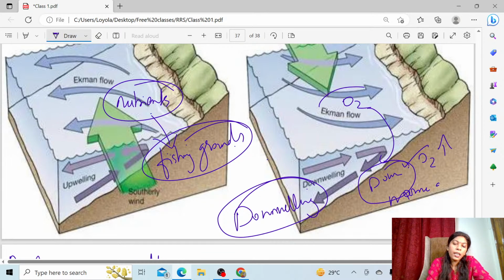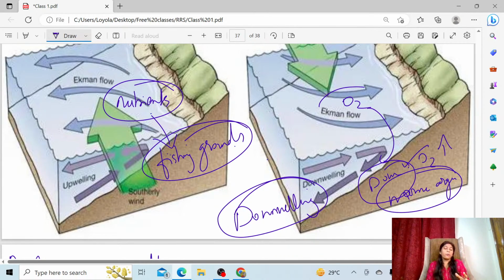Many marine organisms survive based on this downwelling, because if downwelling is not happening, there will be no balance of oxygen. At certain levels there are no plants to produce oxygen in the water. So only through downwelling zones can oxygen be circulated down. Because you all know that in the marine environment also decomposition takes place, and a lot of oxygen will be used up.